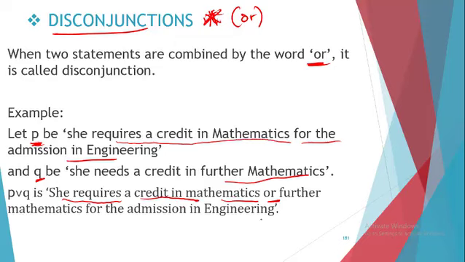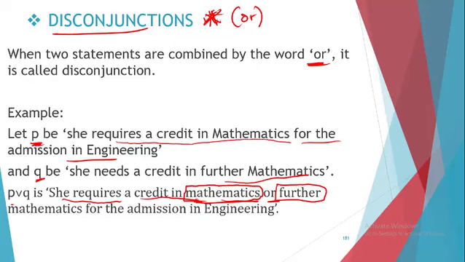What does this mean? If she obtains a credit in mathematics, she will be admitted. If she makes a credit in further mathematics, she will also be admitted. And lastly, if she makes a credit in both mathematics and further mathematics, she will also be admitted.